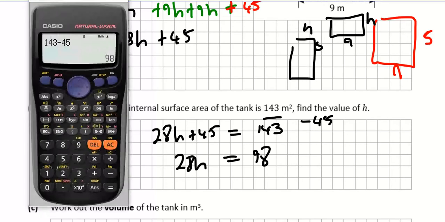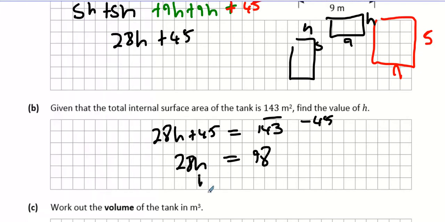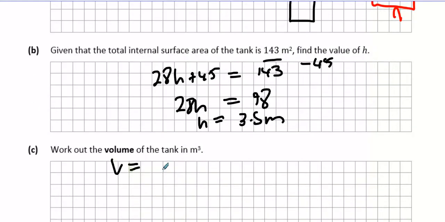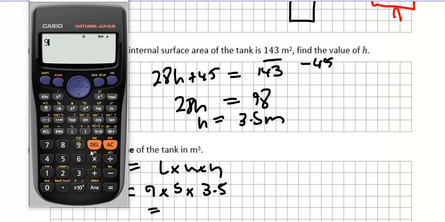And then 98 divided by 28 is 3.5. H equals 3.5 meters. Now we're looking for the volume of the tank, which is length by width by height. Length is 9, width is 5, and height is 3.5. So it's going to be 9 by 5 by 3.5.